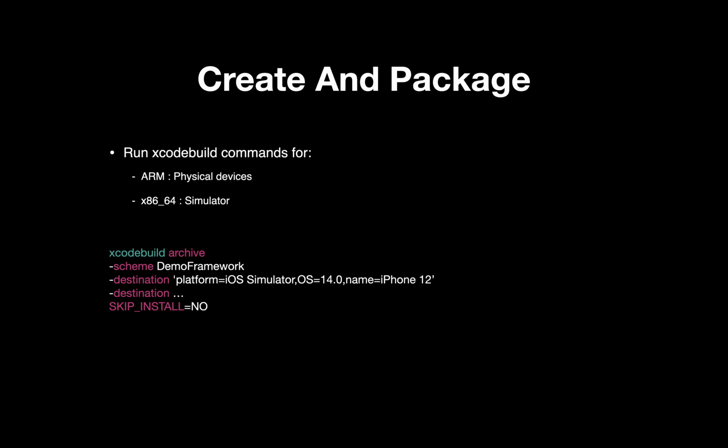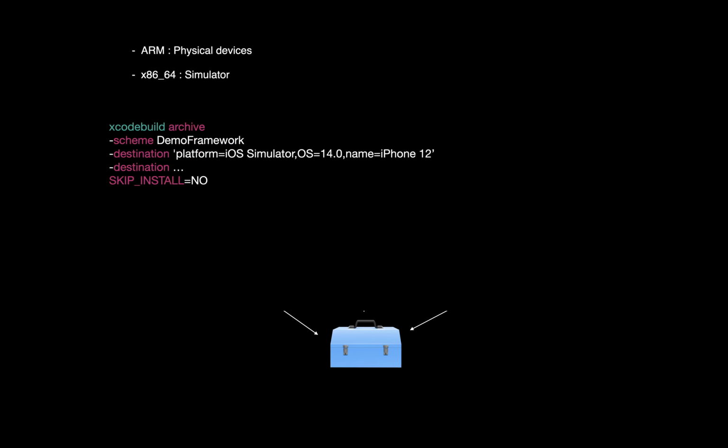This command will build the archive of each variant of the framework. So in the previous section we are generating multiple variants. Now we'll need to extract the .framework and bundle them as XCFramework. For that we'll need to run xcodebuild -create-xcframework command.